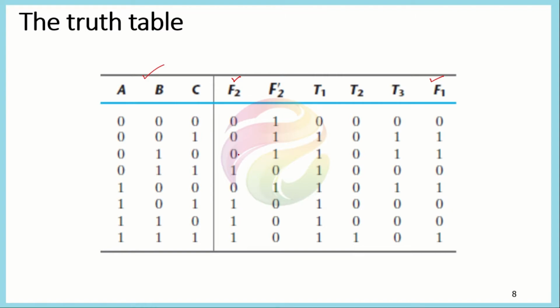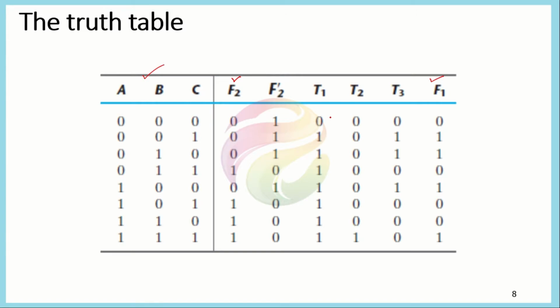We know the value of F2 from the circuit. We can easily identify that. And even from the expression that we calculated in the last slide, we can calculate the value of F2 from there. Similarly, in the calculation of F1, you know that F2 complement was involved, so we also need to calculate the F2 complement here. That's why we have calculated it here.